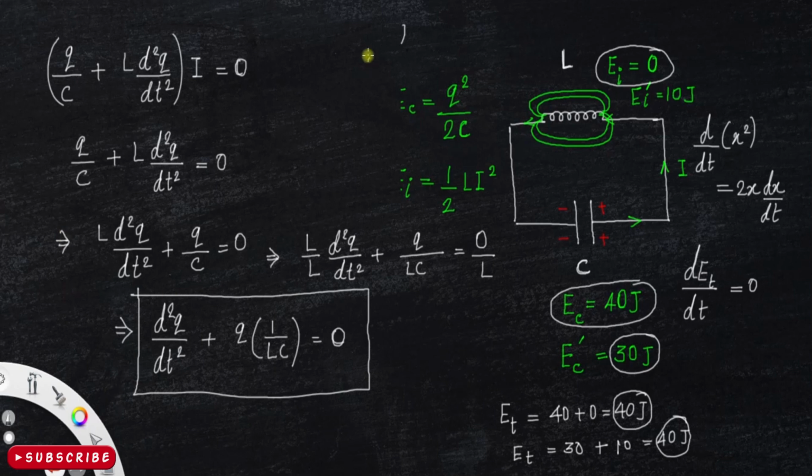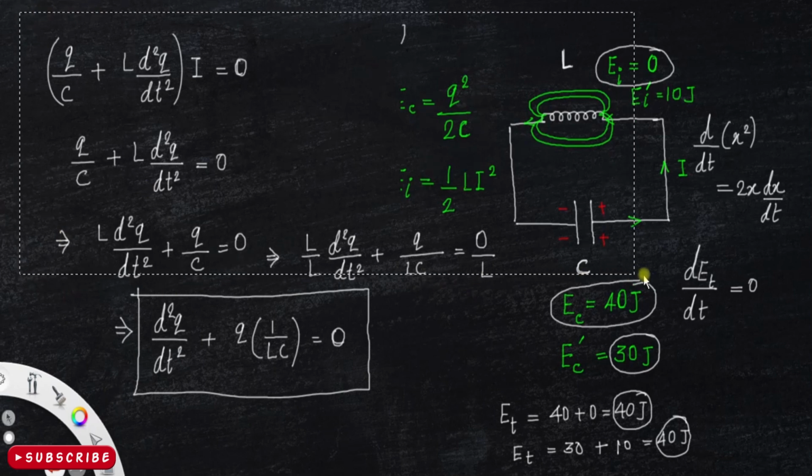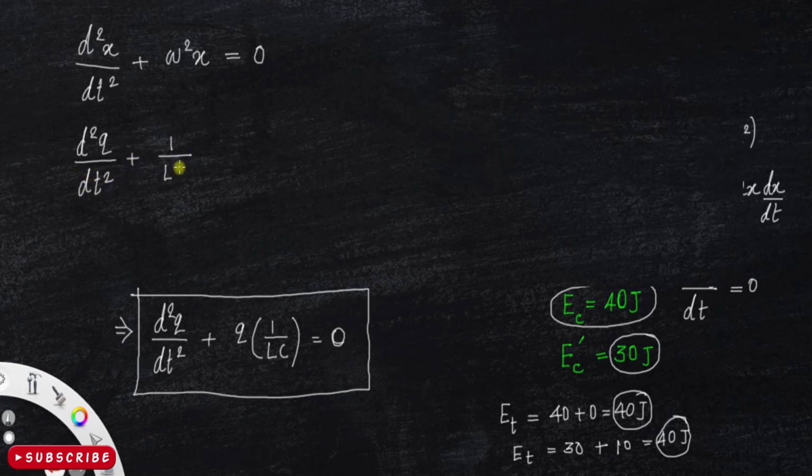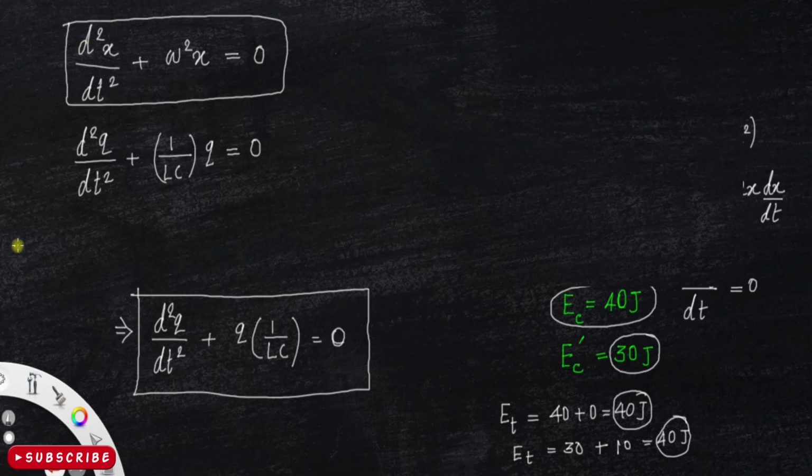Clear? And this differential equation is of the form d square x by dt square plus omega square x equal to 0. I can write it like this also: d square q by dt square plus 1 by LC part, q equal to 0.